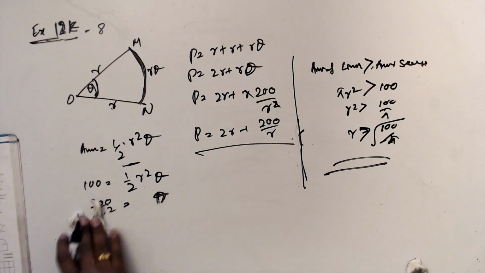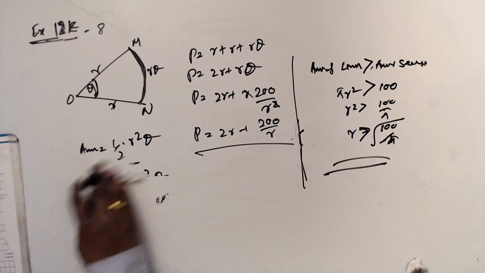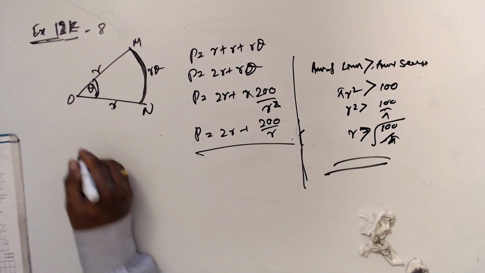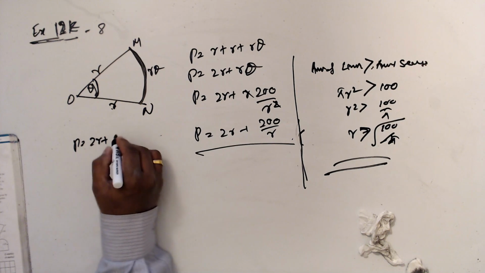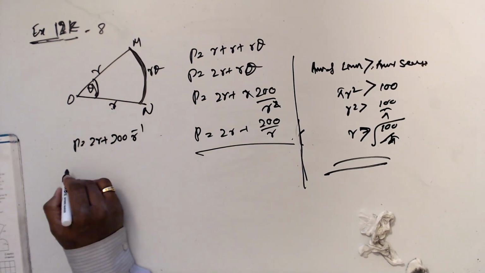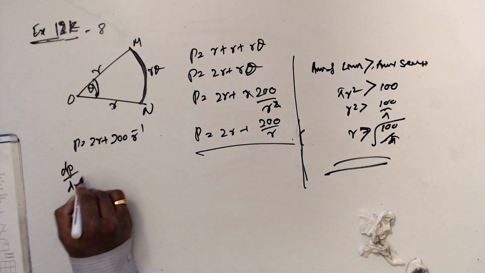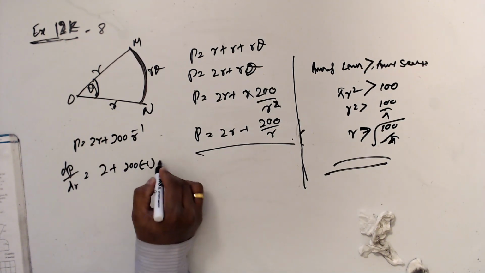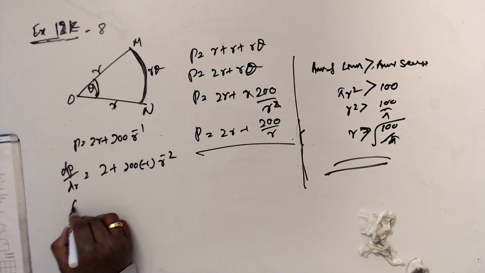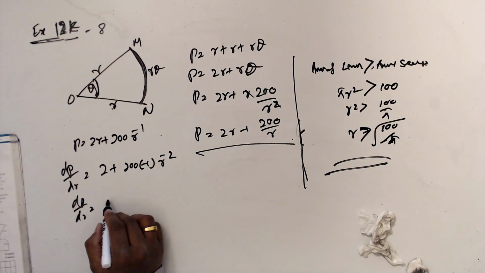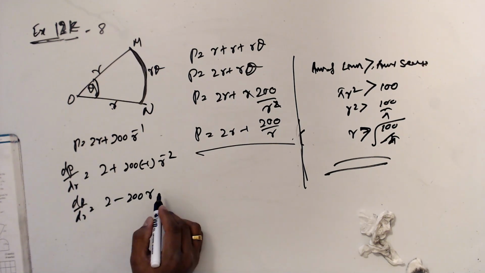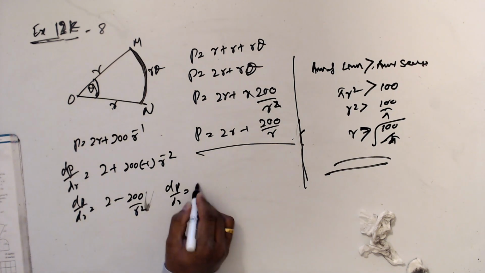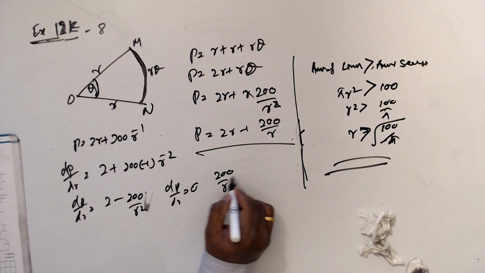Now we want to find the minimum value of the perimeter. P equals 2r plus 200 r to the power of minus 1. So dP over dr is 2 plus 200 times minus 1 r to the power of minus 2. So dP over dr is 2 minus 200 over r squared. dP over dr equals 0. 200 over r squared equals 2.